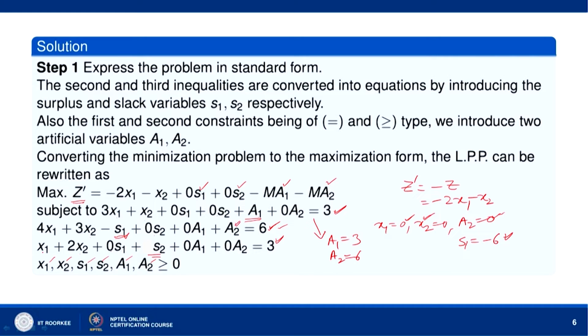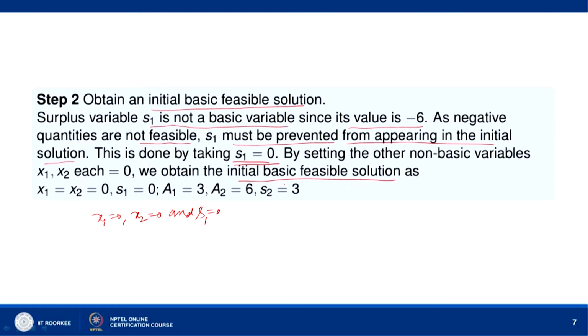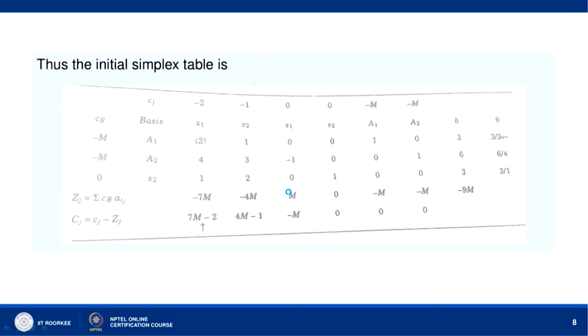And from x1 plus 2 x2 plus 0 s1 plus s2 plus 0 a1 plus 0 a2 equal to 3, we get s2 equal to 3. So, the initial basic feasible solution is x1 equal to 0, x2 equal to 0, s1 equal to 0, a1 equal to 3, a2 equal to 6, s2 equal to 3, and we then have the initial simplex table as.